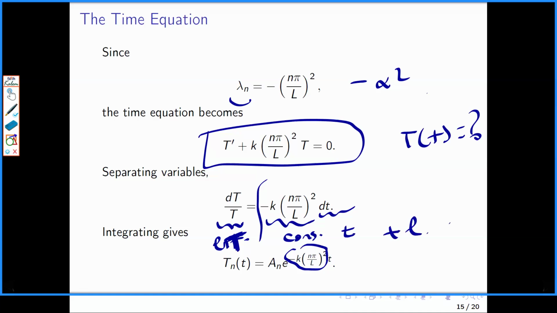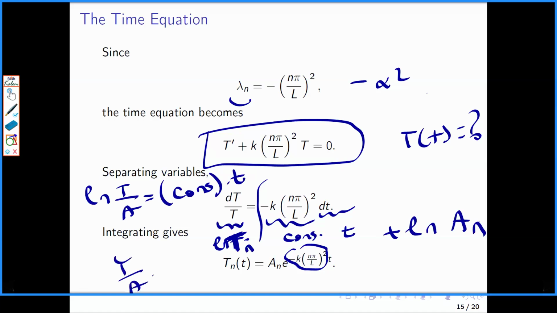You need to add a constant a here. Say that for each n we get a result, so we write Tn and an. So we write that ln of T over a is equal to constant times t, you can write that T over a is equal to e to the constant times t. So you get the final result here.